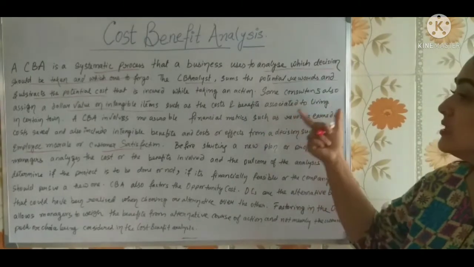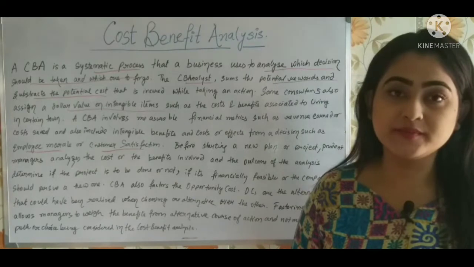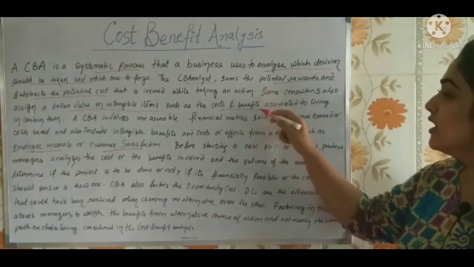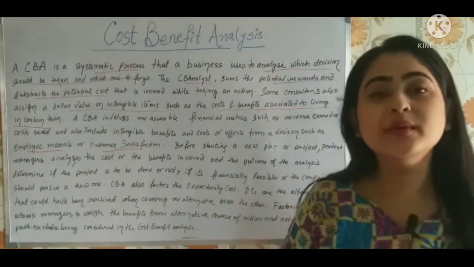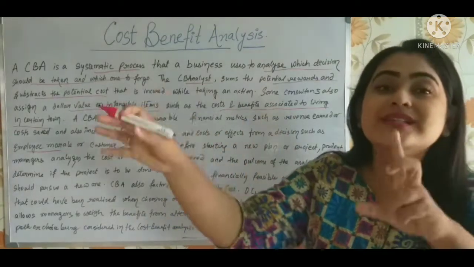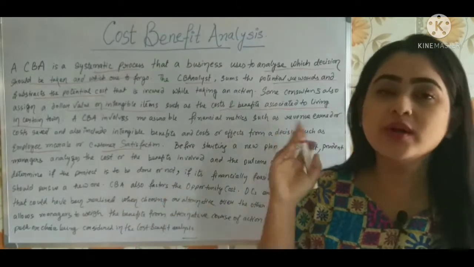So some consultants also assign a dollar value on the intangible items to measure it, such as the cost and benefit associated to living in a certain town. For example, you are staying in a certain town. What are the costs? A dollar value is assigned for that. Or you can even apply the rupee value, whatever it is.